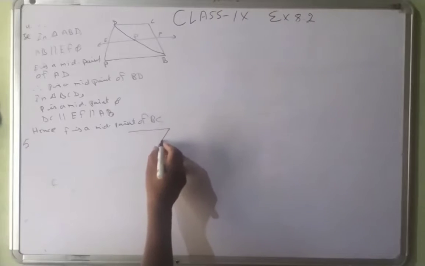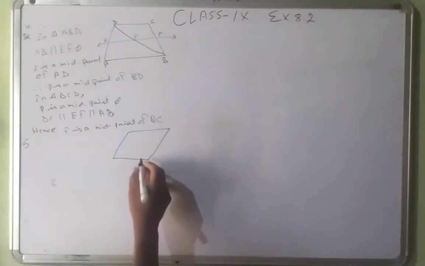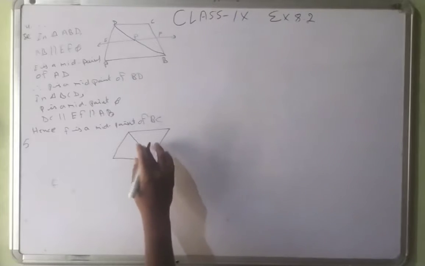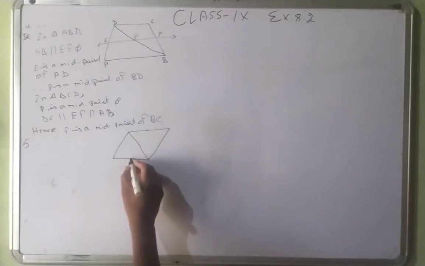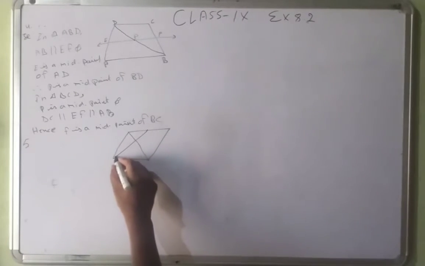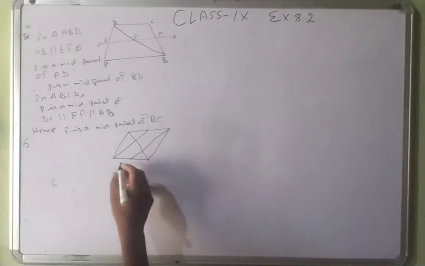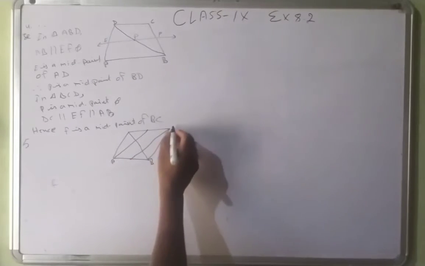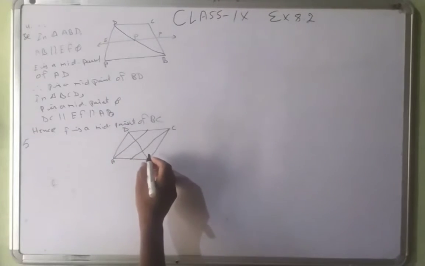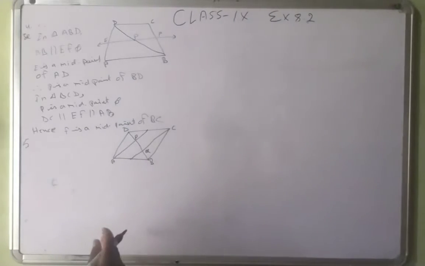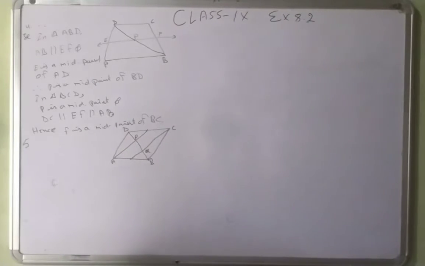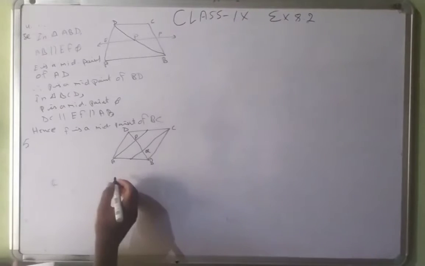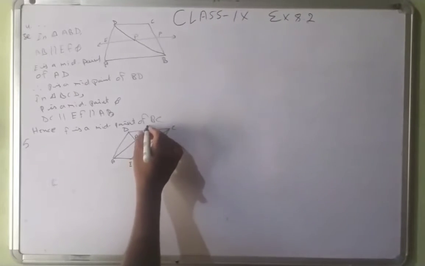Then the midpoints of these are E and F, and then join this, A, B, C, D, P, Q. We need to prove that BQ is equal to QP is equal to DP. So how will this be done?